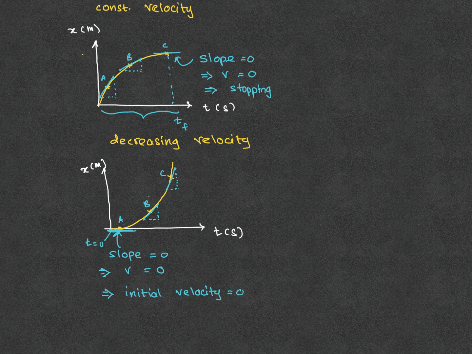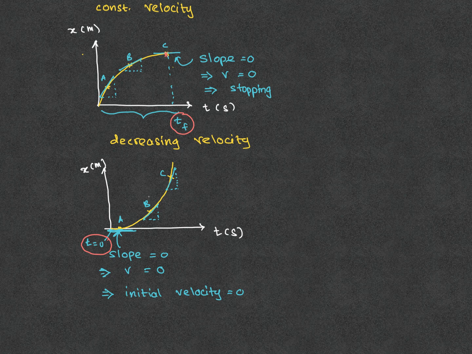Earlier you can see the final velocity. I'm using my red pen here to circle the TF on the previous graph, and there you can see the corresponding point is C. And down here I am using again the red pen to circle t equals 0.